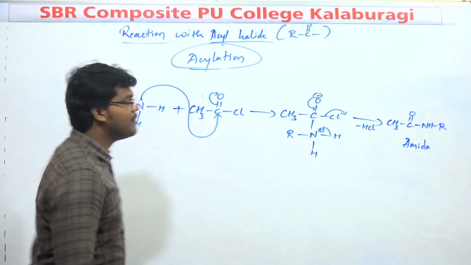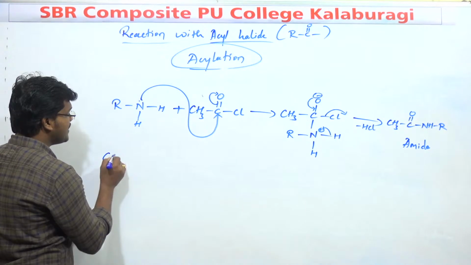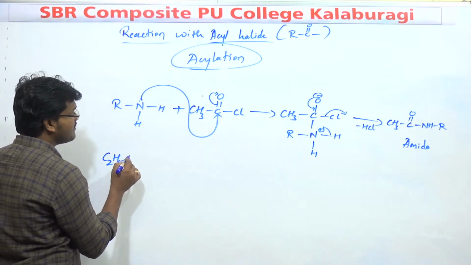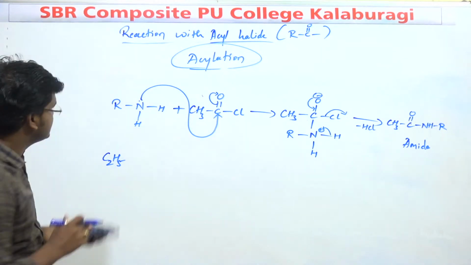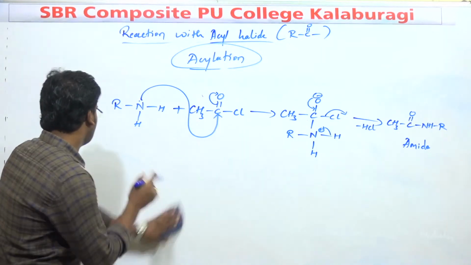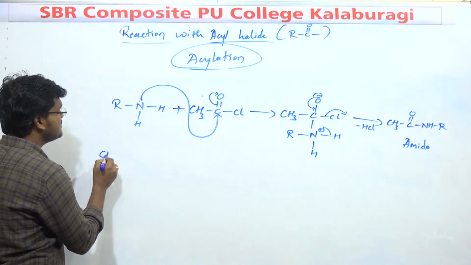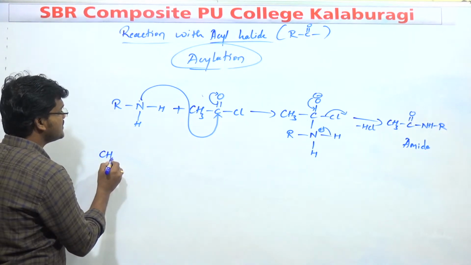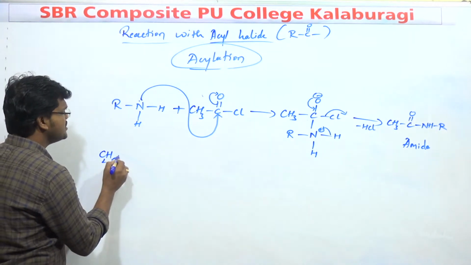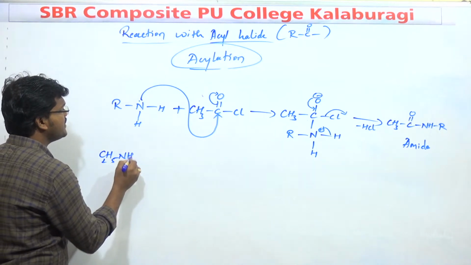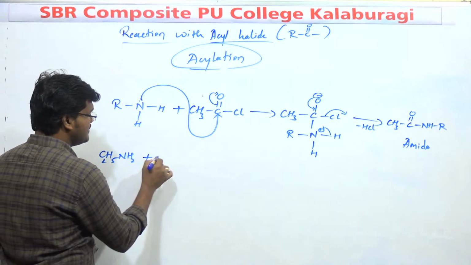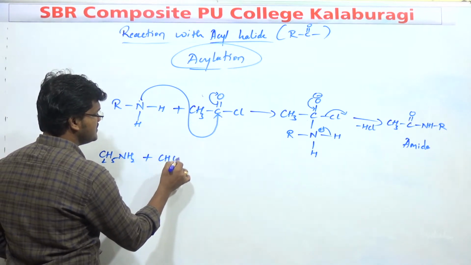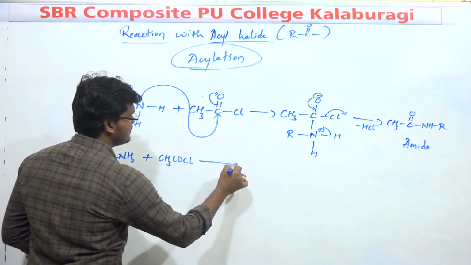they form an amide. I'll take a particular example now. Imagine I'm having C2H5NH2. I will add CH3COCl.